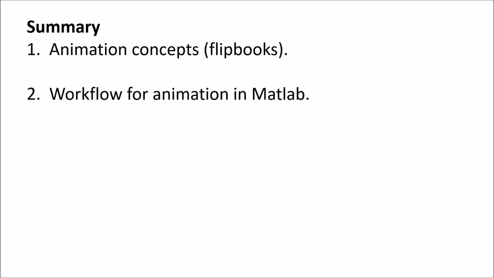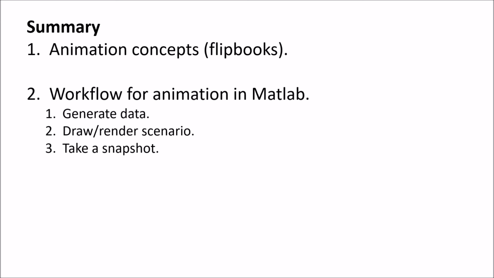That workflow was a basic 5-step process: first we generated some data, next we would draw or render the scenario at a given time, then take a snapshot of that scenario, and advance time over and over until we were done with all of the frames of animation. Once we were done, the last step was to save that movie to your hard drive.